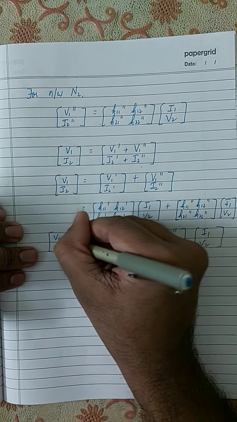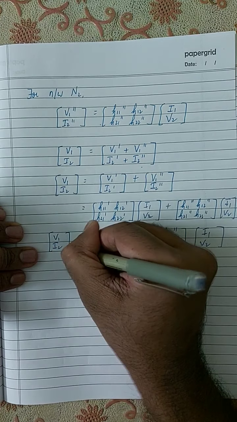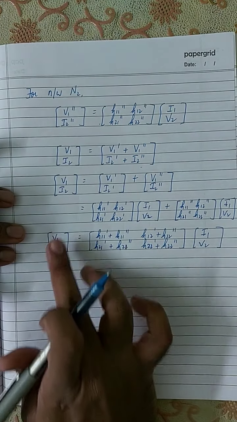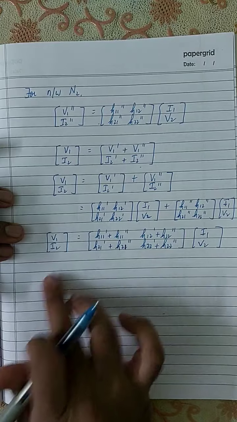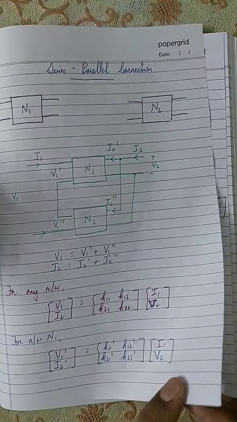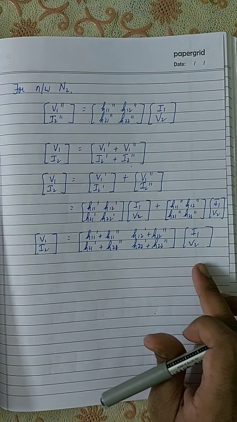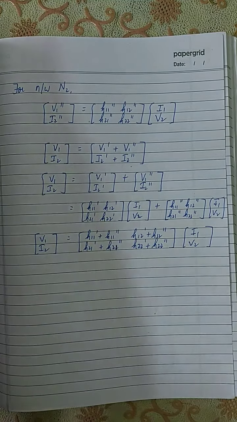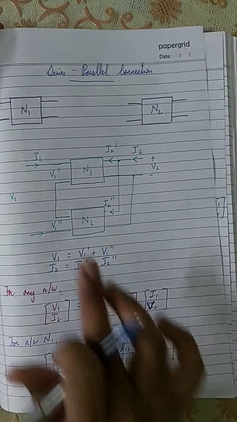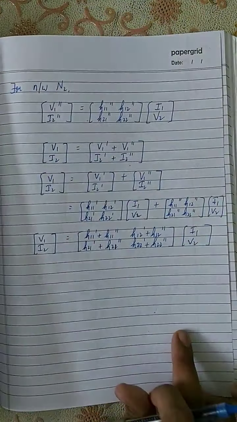This is how it looks. Here V1 and I2 are the input voltage and output current of the overall network, and I1 and V2 are the input current and output voltage of the overall series parallel connected network.